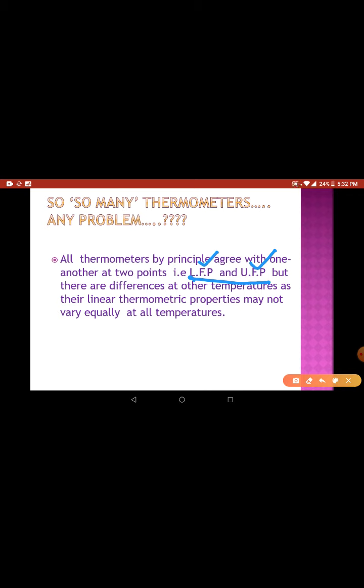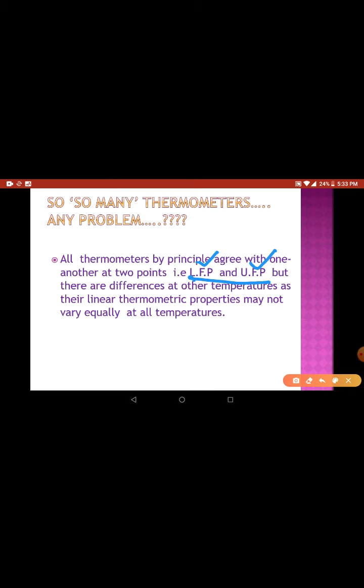Because one material, suppose you use mercury liquid, its linearity may be different from the resistance linearity of a wire. So these two thermometers, mercury thermometer and resistance thermometer, they may agree with each other.